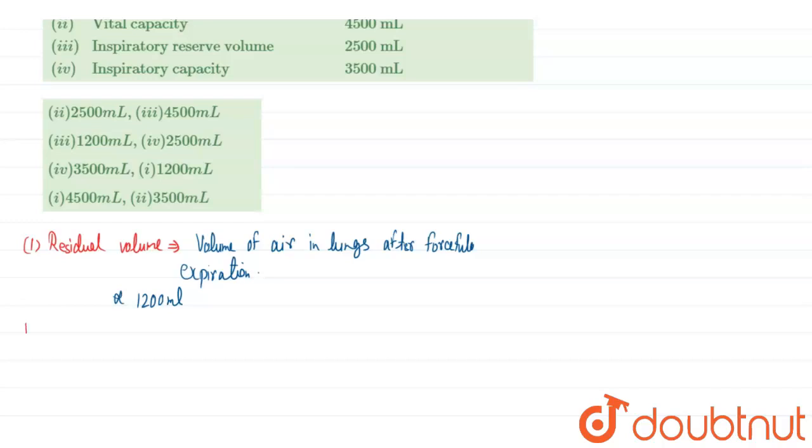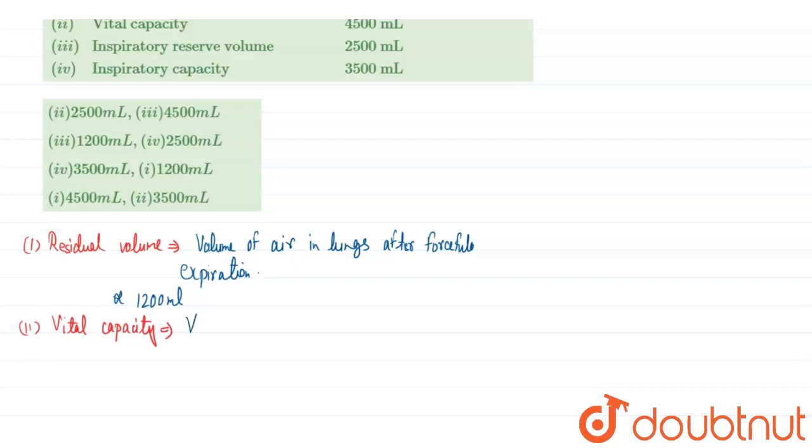If we are talking about our second term, that is the vital capacity. Vital capacity can be represented as the maximum volume of air that can be inspired after the forceful expiration.